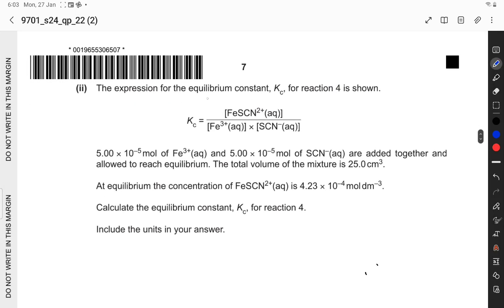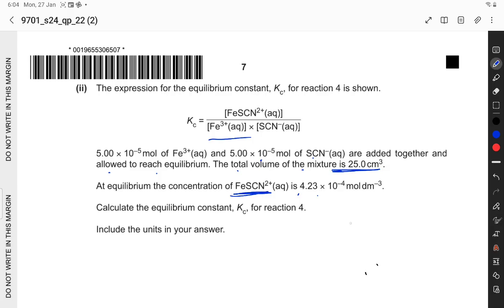Part 2. The expression for the equilibrium constant Kc for reaction 4 is shown. This is the Kc expression. 5.00 into 10 raised to minus 5 moles of iron 3 and moles of SCN are added together and allowed to reach equilibrium. The total volume of the mixture is 25 cm cubed. At equilibrium, the concentration of the product is 4.23 into 10 raised to minus 4 mol per dm cubed.